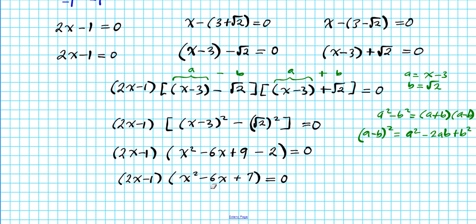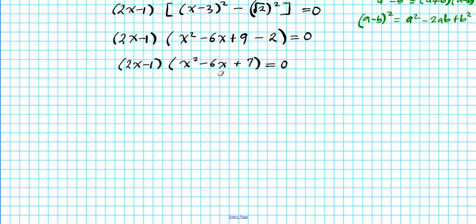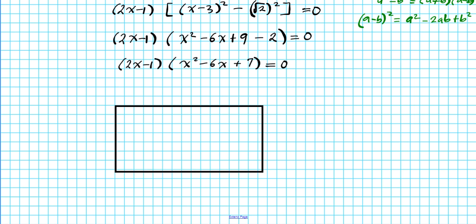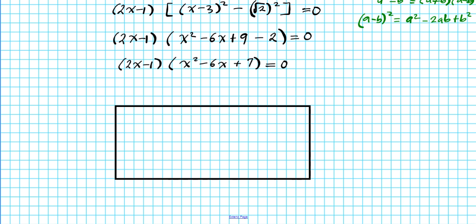Now, we are going to multiply this binomial by this trinomial expression. We can take advantage of the box method again just to help simplify the process and minimize the risk of making mistakes. Okay, so let's go ahead and do that. I'm going to have 2 rows and 3 columns.